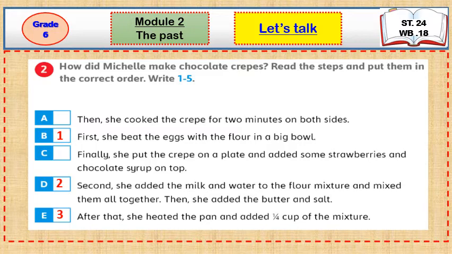Yes, number E. After that, she heated the pan and added a 1/4 cup of mixture. Number 4. Then she cooked the crepe for 2 minutes on both sides. The last one, number C. Finally, she put the crepe on a plate and added some strawberries and chocolate syrup on top.